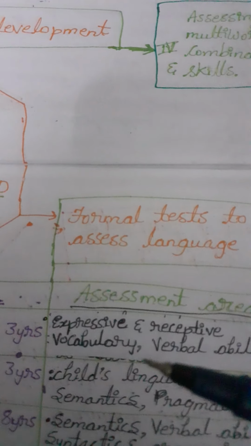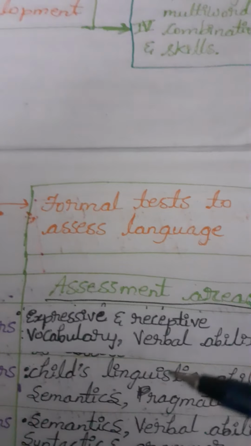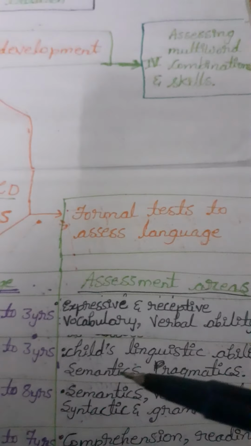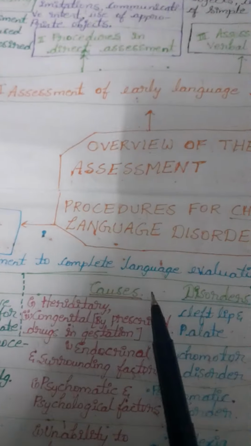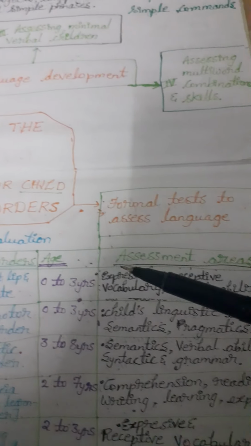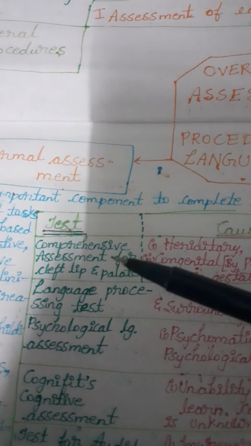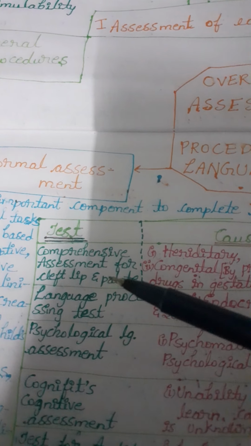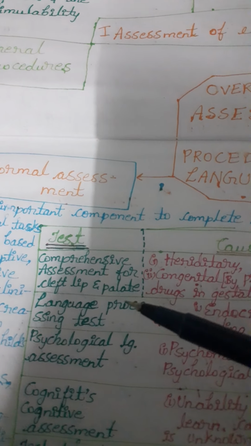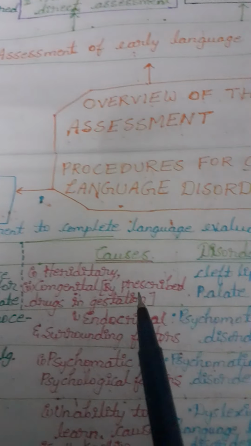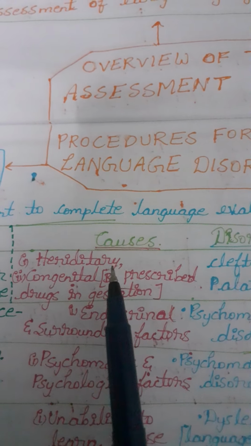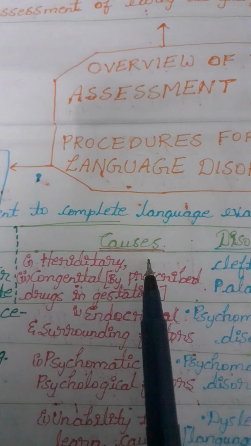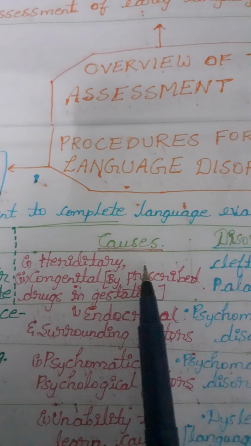Third factor is formal tests to assess language, that is tabulated by test, causes, disorders, age, and assessment areas. First test name is Comprehensive Assessment for Cleft Lip and Palate. Its causes can be hereditary and congenital. Hereditary is through genes, directly from person to person.